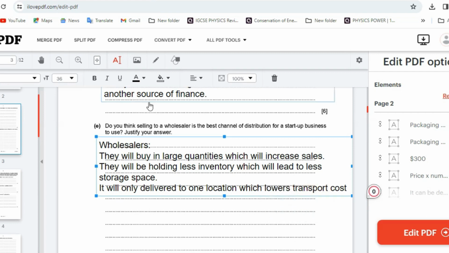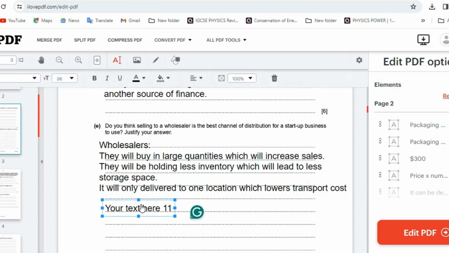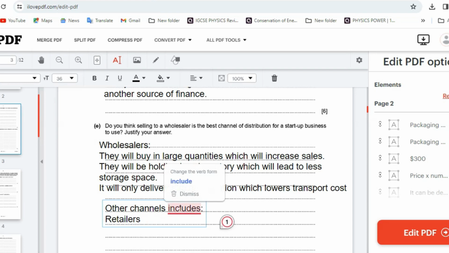As I said, we have retailer. Let's try and put it out for comparison. Other channels include, let's list them out. We have retailers, that is they will reach a wide range of customers.